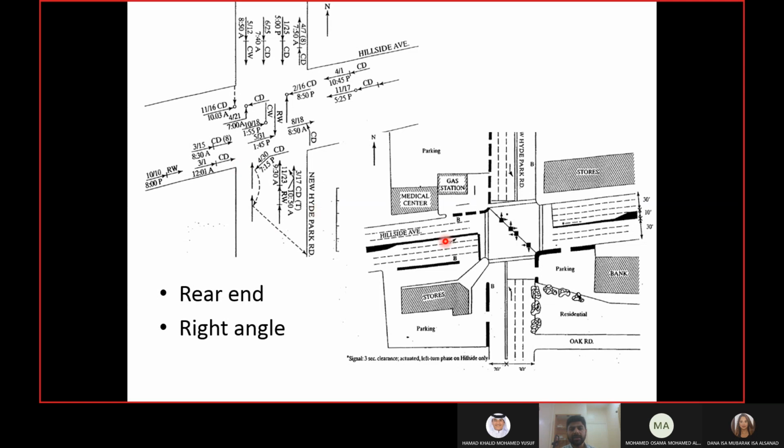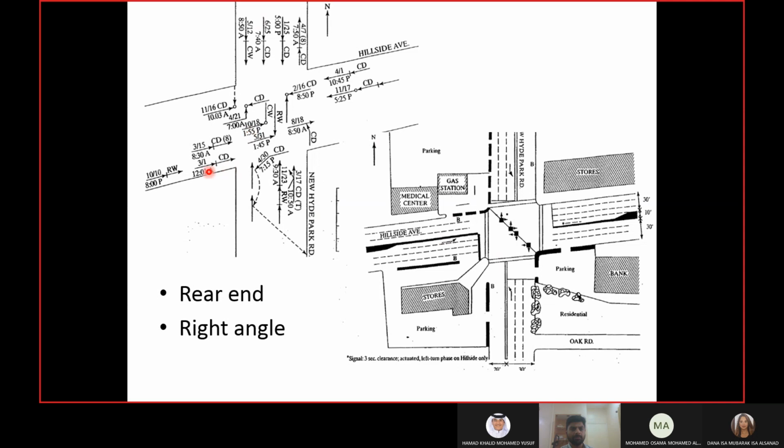Now you see this is the collision and the condition diagram for the same intersection, and we have discussed them one by one yesterday. So first of all, we need to find out which are the most common type of crashes. Now, if you look at this diagram, obviously this will come from the collision diagram.